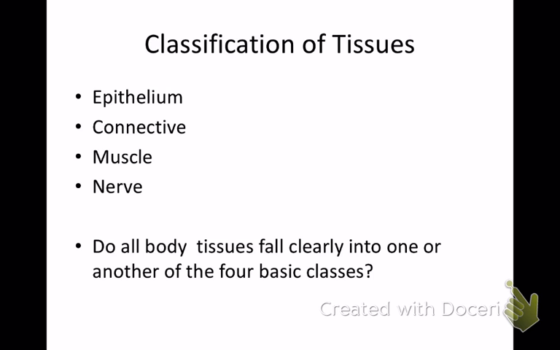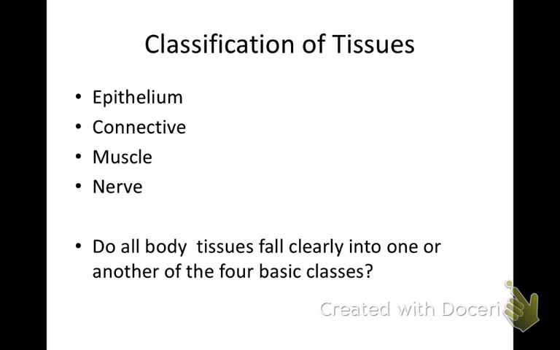Okay? So what a histologist does is look at their embryonic origin, and then from that try to derive what classification they want to put them in, or look at their ultrastructure, that is their microscopic structure, and say, well, it looks more like epithelium than it does nerve, but still, you don't want to be too cut and dried about where things need to be classified.